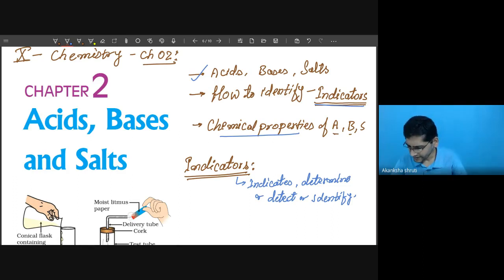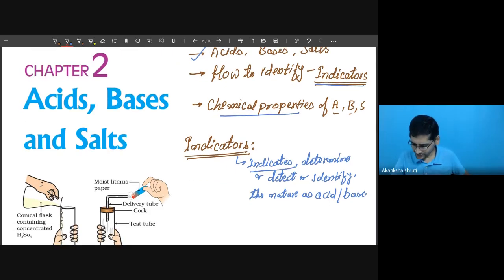So it identifies the nature as acid or base. The name itself indicates that. So what is the definition of an indicator?